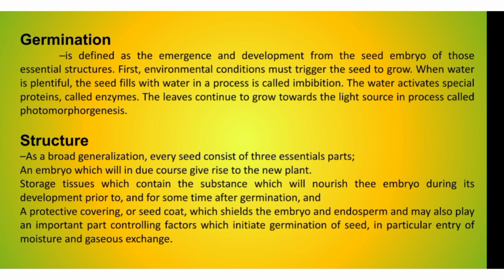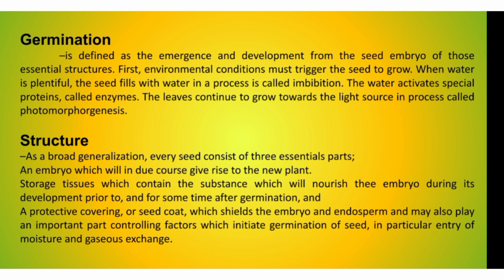Photomorphogenesis. As for the structure, as a broad generalization, every seed consists of three essential parts. First, an embryo, which will give rise to the new plant. The embryo also holds the nutrients and food of the seeds, so it acts as a storage.